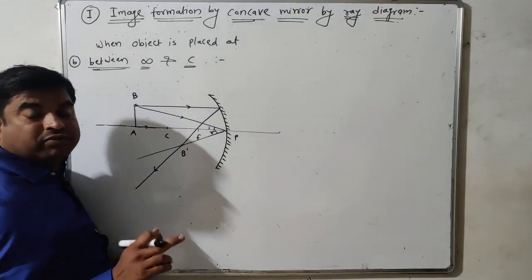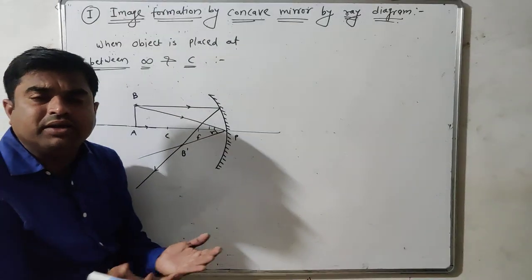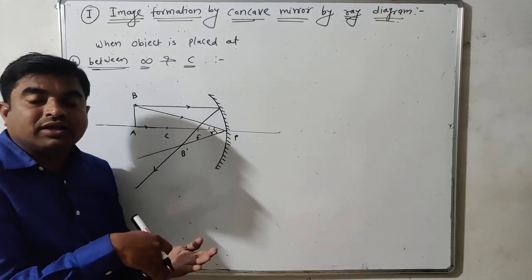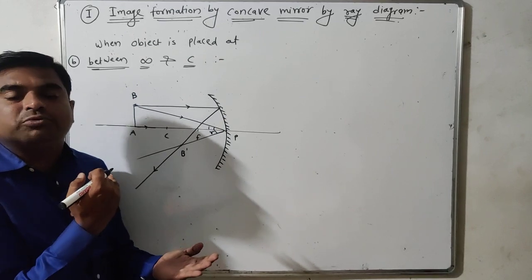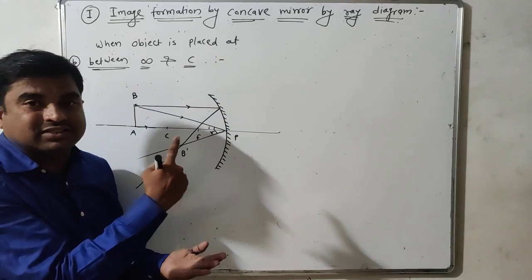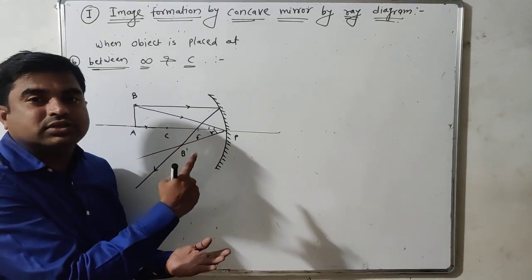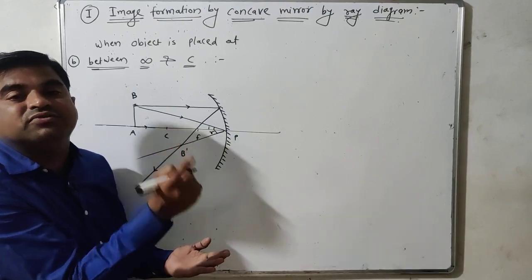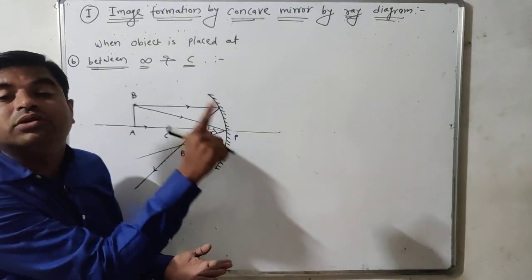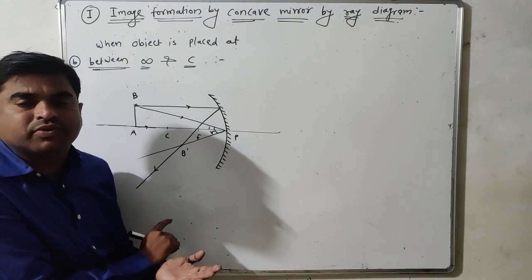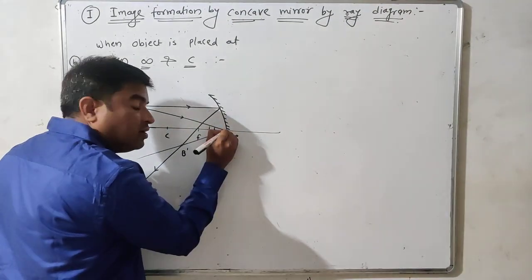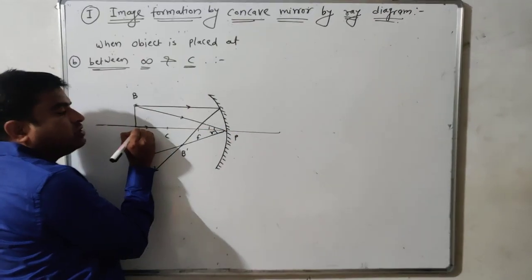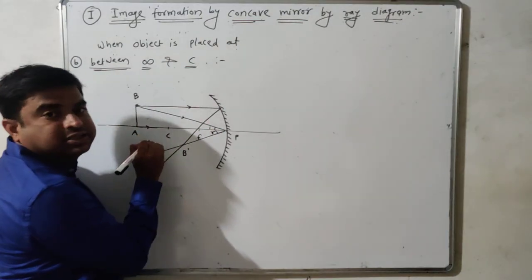And you know that whenever a ray of light is incident on any mirror along the normal, it will retrace its original path but exactly in the opposite direction, as we discussed in the rules that must be followed while drawing a ray diagram in our previous video lectures. So this ray after reflection retraces its original path in the opposite direction.